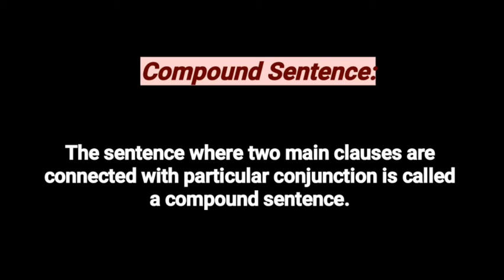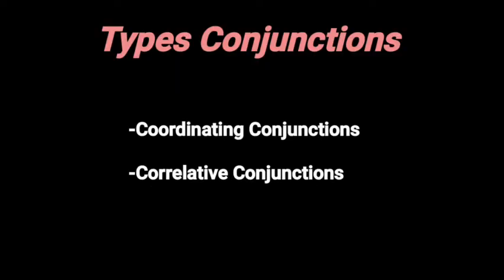Compound sentence. The sentence where two main clauses are connected with a particular conjunction is called a compound sentence. A compound sentence is made up of two or more simple sentences joined with conjunctions. There are two kinds of conjunctions that join simple sentences: coordinating conjunctions and correlative conjunctions.